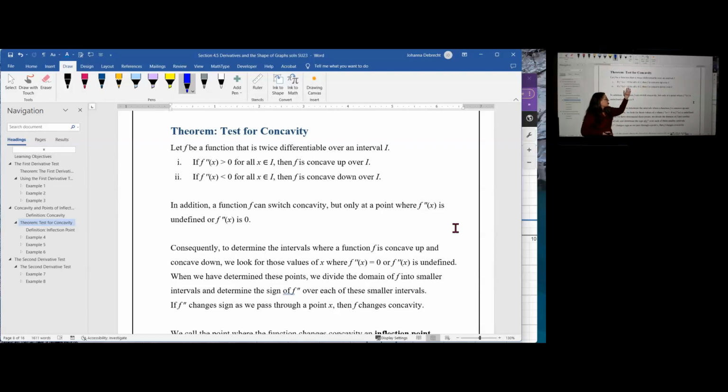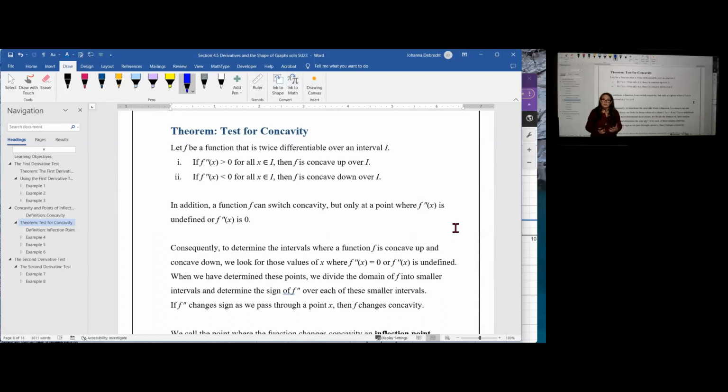If the second derivative is negative for all values over the interval, it's concave down over the interval. Now, a function can switch concavity, but as you might imagine, where it switches concavity must be a point where the second derivative is 0, or possibly where the second derivative is not defined.